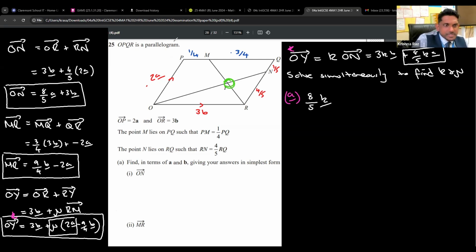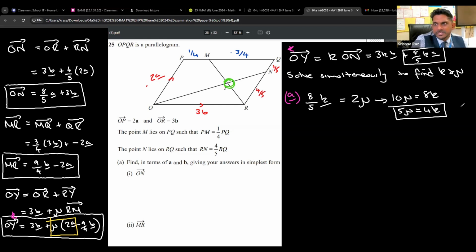I'm not using different colours in case they don't show up properly. So there, we've got +2 mu, which follows that 10 mu equals 8K or 5 mu equals 4K. That's our first relationship.